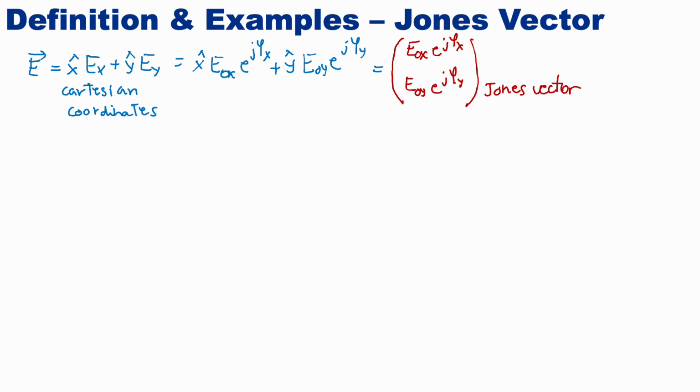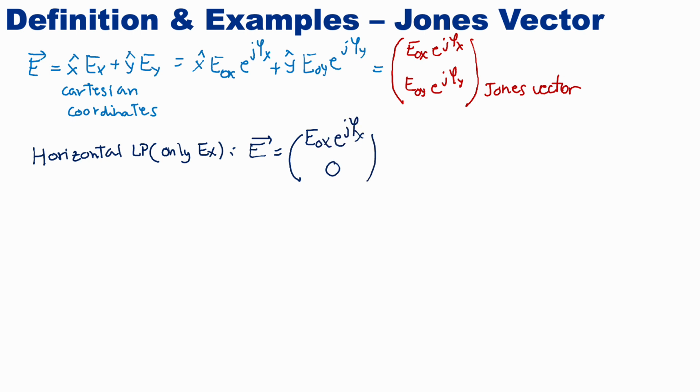So let's assume that we have horizontal linear polarization state. So that means that we only have our x component. So the electric field is given by A_0x with its corresponding phase, but the y component is 0.